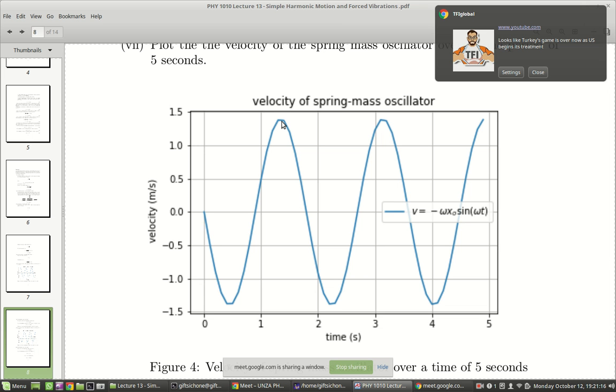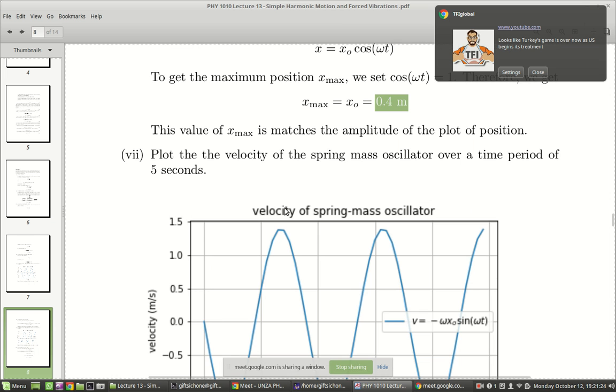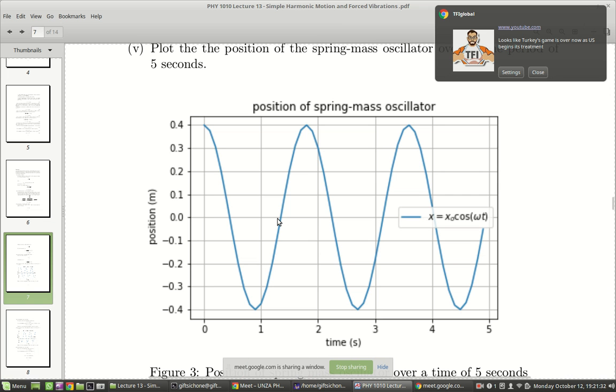There. Your mass has got maximum velocity. So basically what you see here is that every time your mass passes through the equilibrium position, it has got maximum velocity. Then when it reaches the other end, the velocity becomes 0.